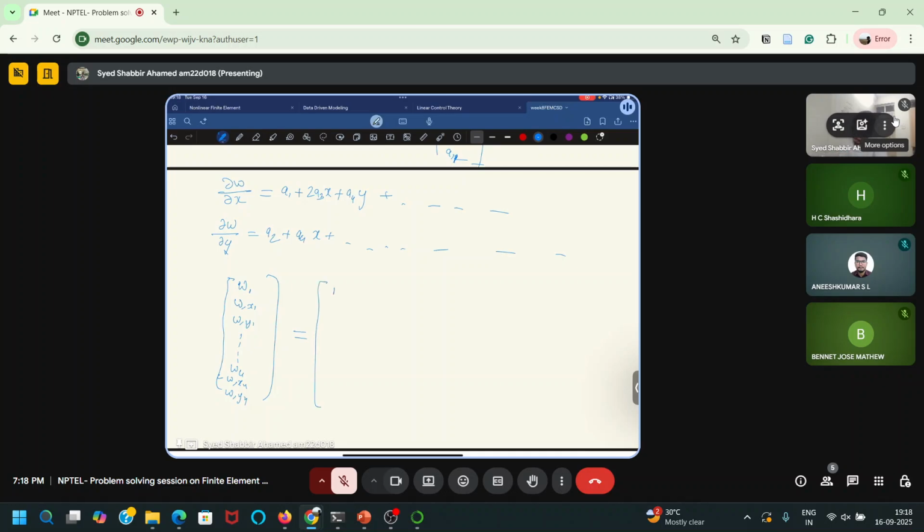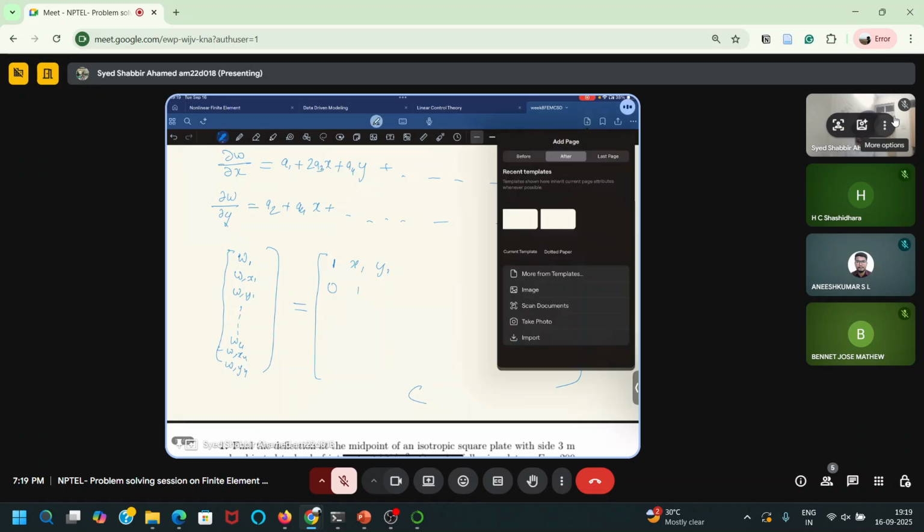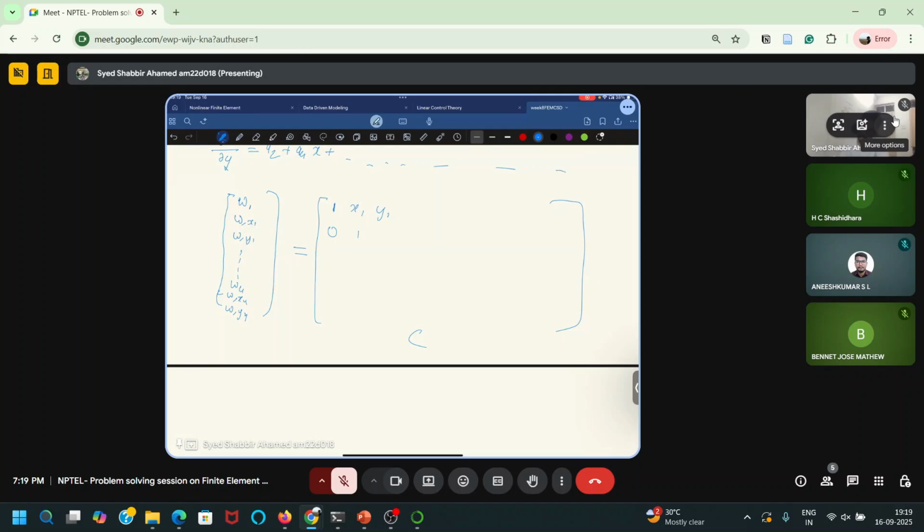At each point, I know the x and y coordinates, right? So I will just substitute the coordinates. So you will get some kind of matrix which is known as the C matrix or the coordinate matrix. We have already seen how to build the shape functions, right? And we have a naught, a1, a2, up to a11.